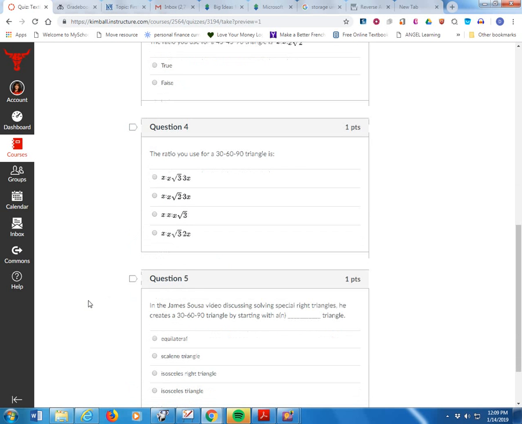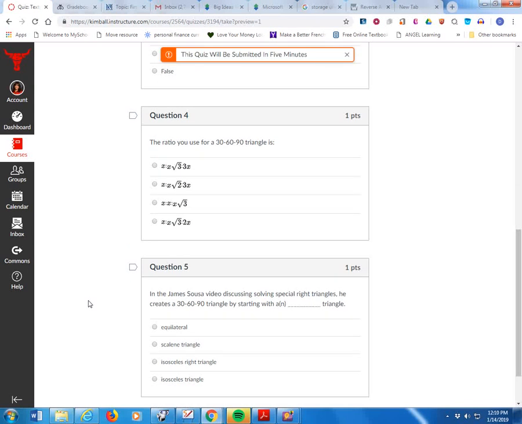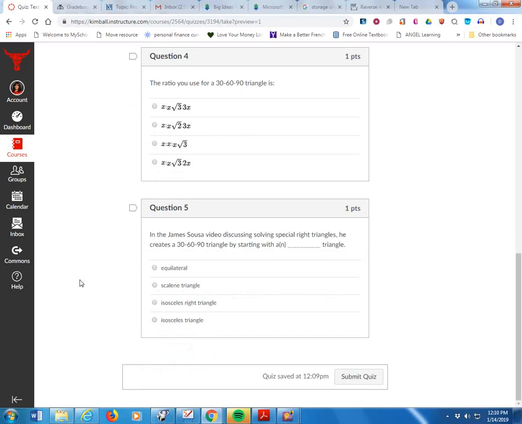The ratio you use for a 30, 60, 90 is 1, square root of 3, 2. So that is the last one here, x, x root 3, 2x. And then finally, in the James Sousa video discussing solving right triangles, he creates a 30, 60, 90 starting with an equilateral triangle. And that is it.